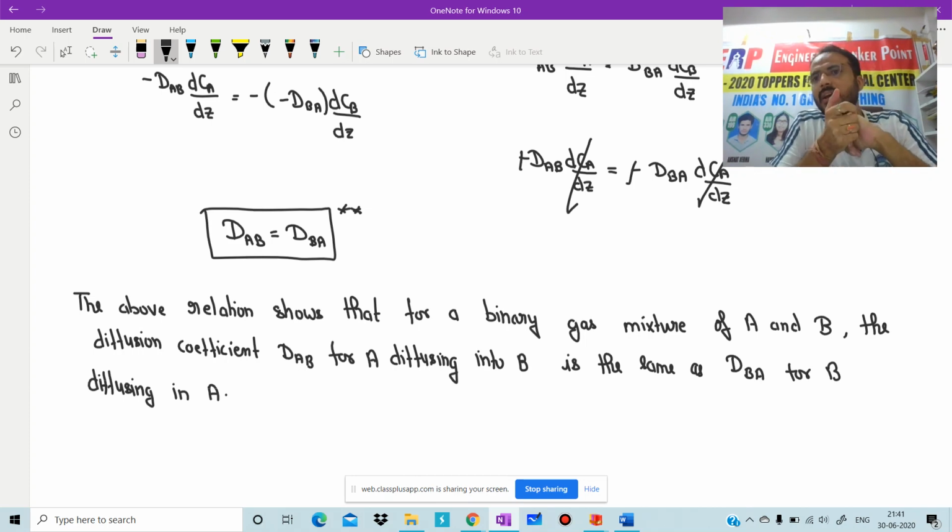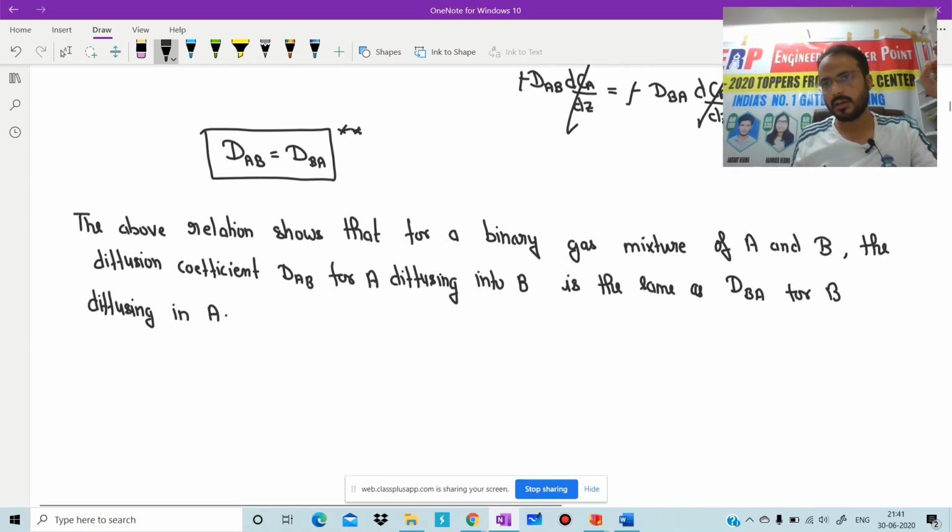Is it clear? I hope this point is clear to each and everyone. I hope there is no doubt. Each and every point is clear. Now we are going to derive its formula.